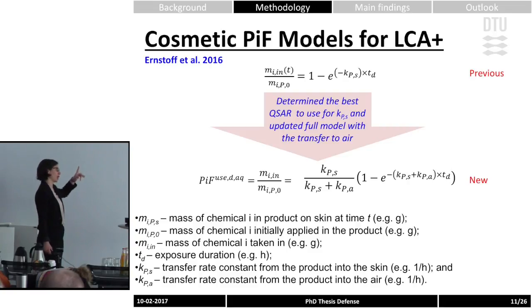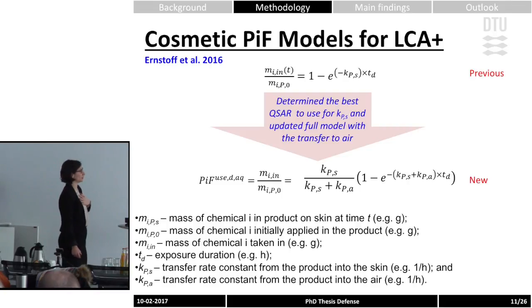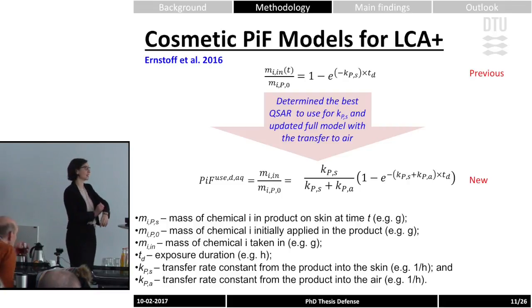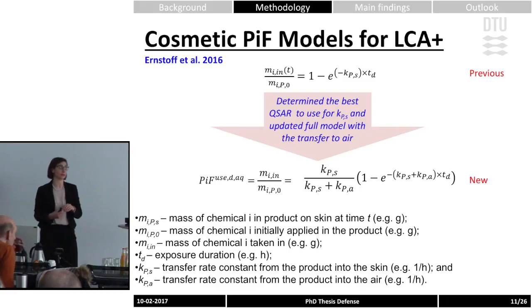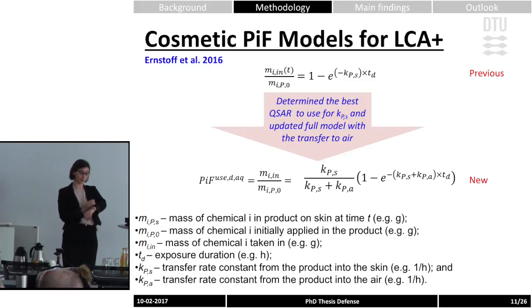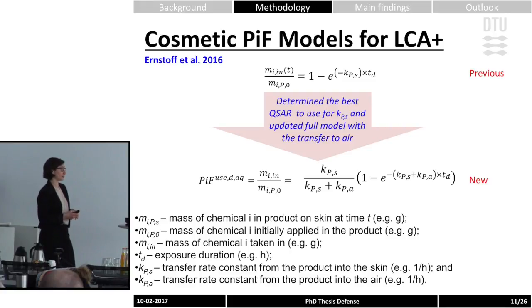Okay, let's start with the top one. On the left side of the equation is the mass taken in to a human, in this case into the skin, versus the mass of a chemical in the cosmetic product. It's a function of the rate of transfer from the skin surface into the skin, and time.